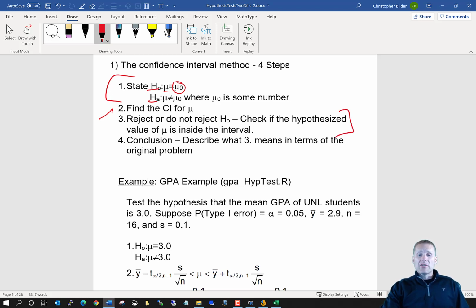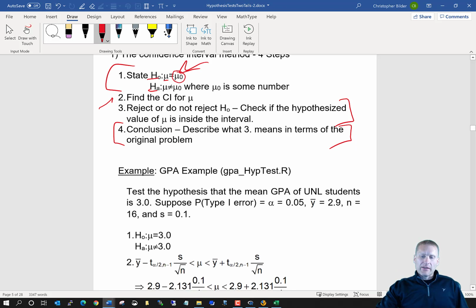We check: is the hypothesized value inside the interval? If it's inside the interval, don't reject H0. If it's outside the interval, reject H0. And then step 4, state your conclusion. You need to do this in a way that is phrased in terms of the original problem that we're dealing with, like if we're dealing with GPAs, wind speed, or something else, phrase it in terms of the original problem.